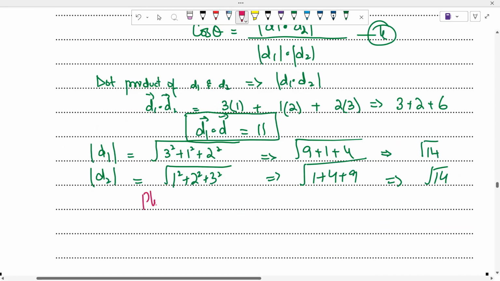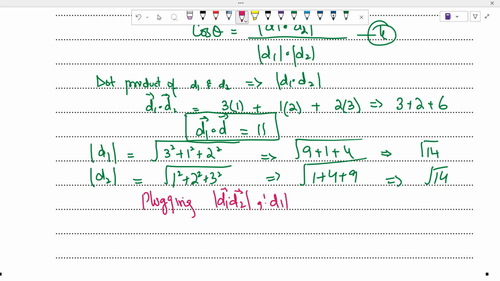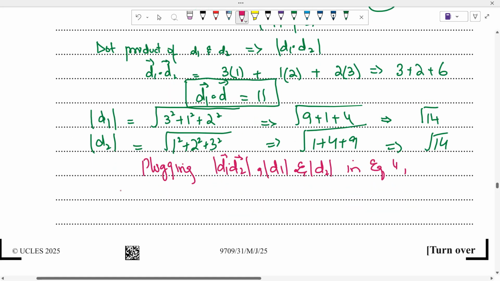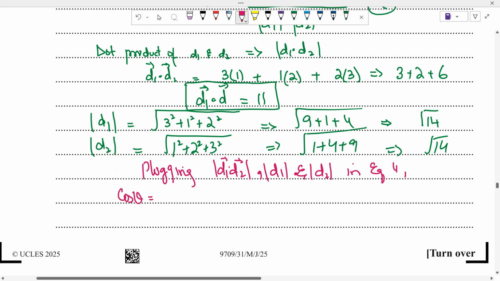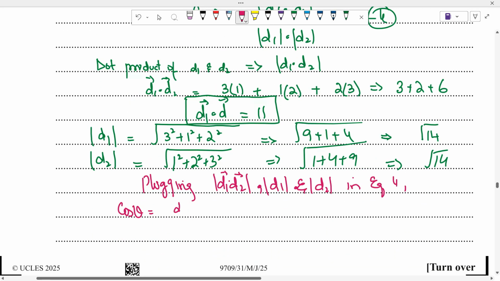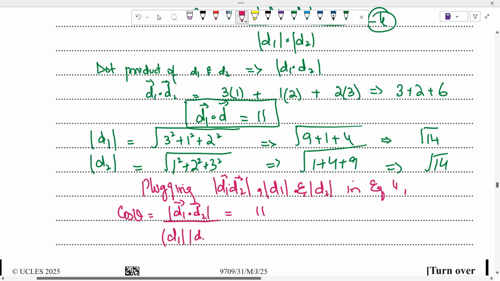So cos of theta is equal to D1 dot D2, which is 11, over the magnitude of D1 and the magnitude of D2.